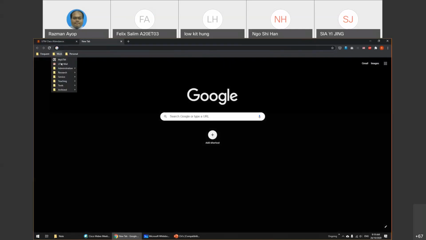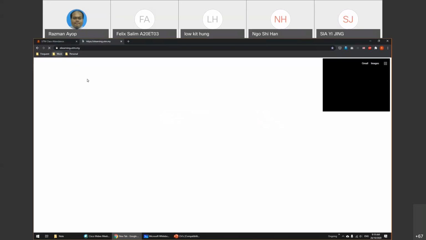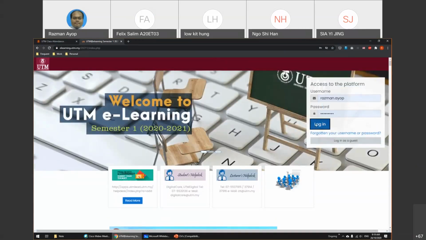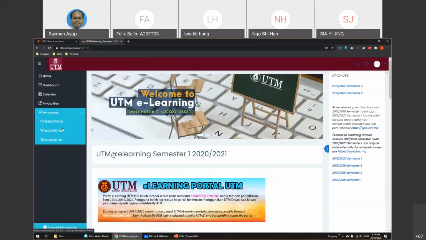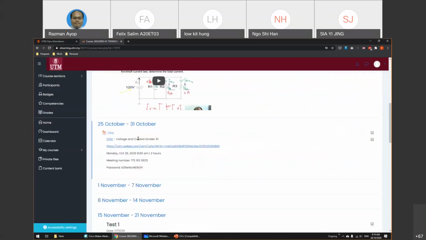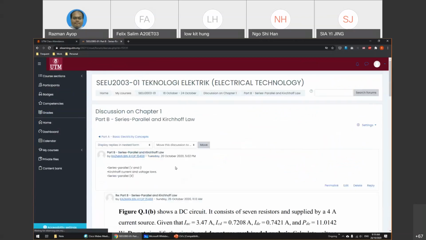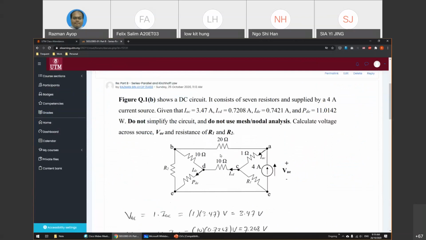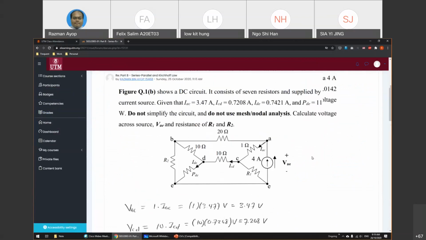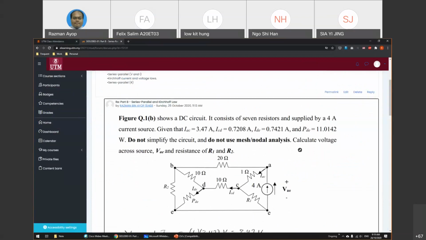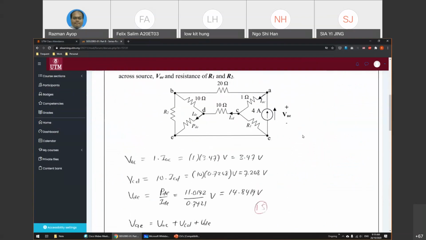It's quite difficult, but that question can come out. The question asks not to use mesh or nodal, which will be learned in week 3.